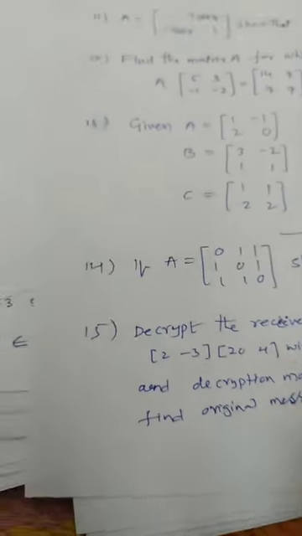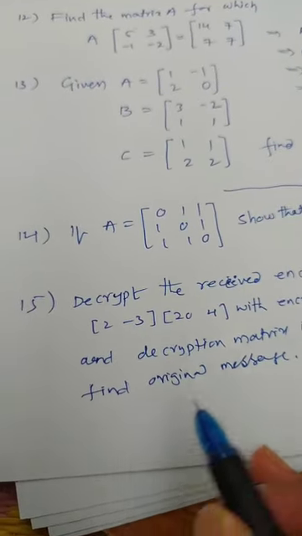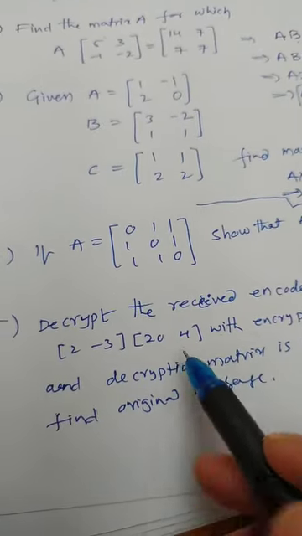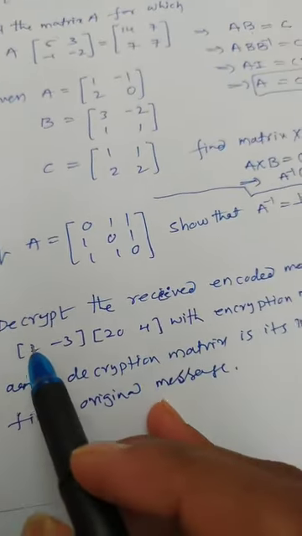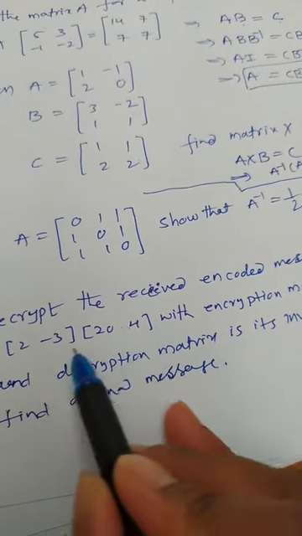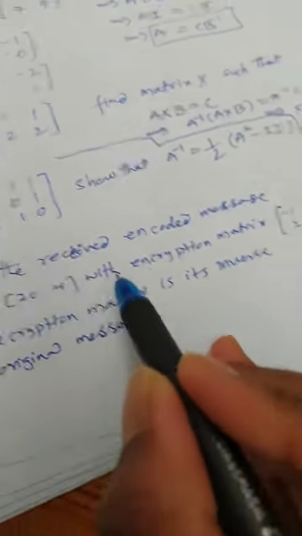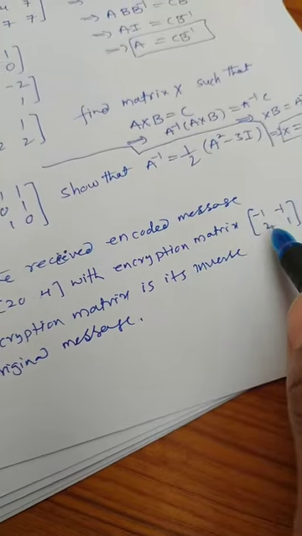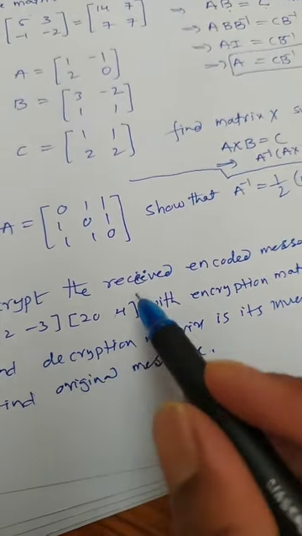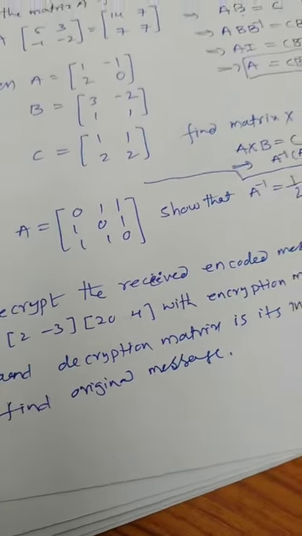Okay. For the 15th problem, I already explained cryptography. Here we have the coded row matrices, and we have the encryption matrix. So we have to decode the coded message to the original message.